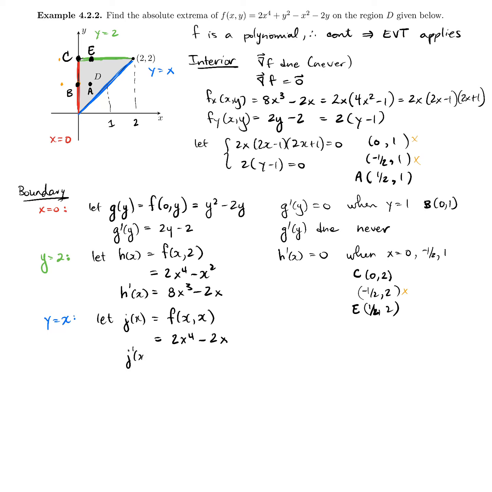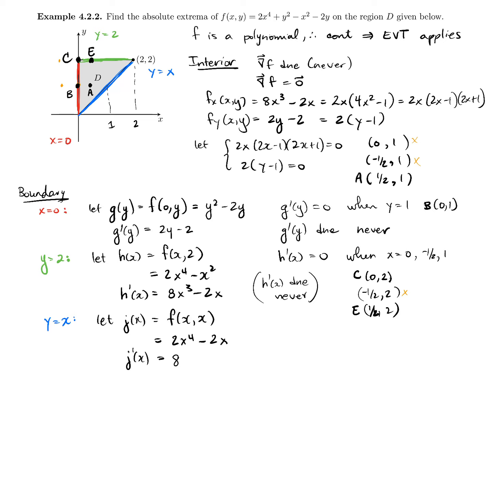So j prime of x, which reminds me I should have looked at places where h prime of x did not exist, and that also is never. It's a polynomial. J prime, going back to here, we've got 8x cubed minus 2.